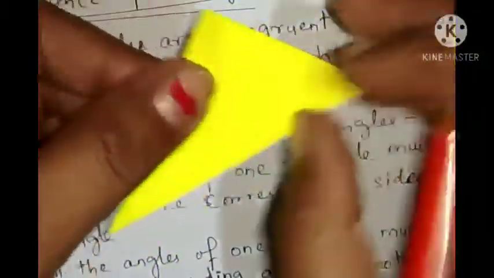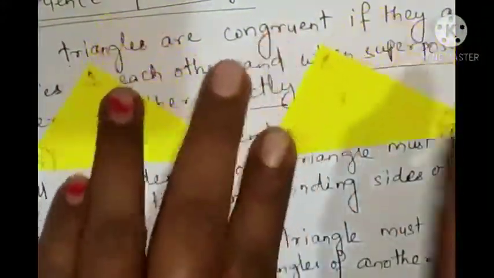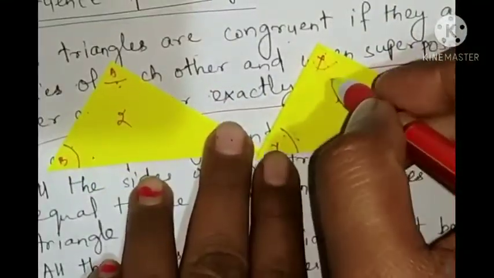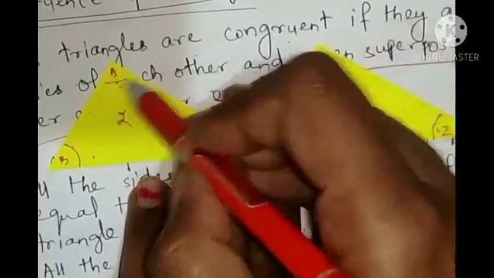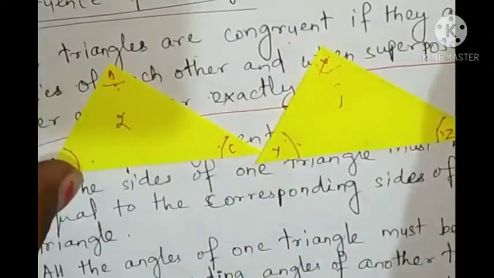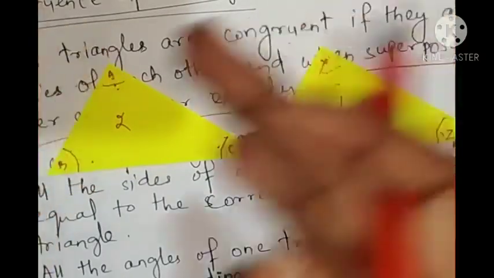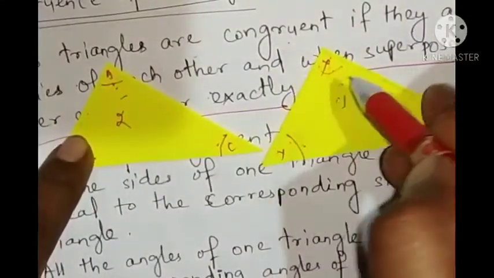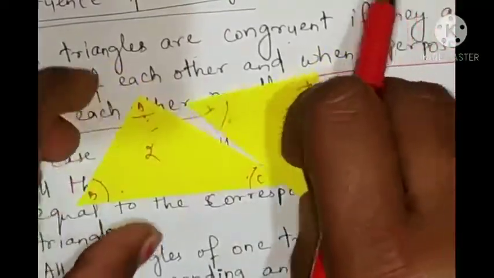So this is about if both are congruent triangles, then their corresponding sides are equal, corresponding angles are equal, and corresponding vertices. All the vertices of one triangle must be corresponding to vertices of another triangle. Okay.